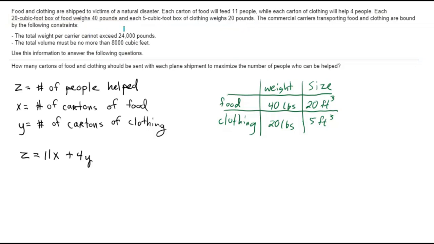As far as my weights go, it cannot exceed 24,000 pounds, and here are my weight measurements. Now remember, food corresponds to x and clothing corresponds to y.